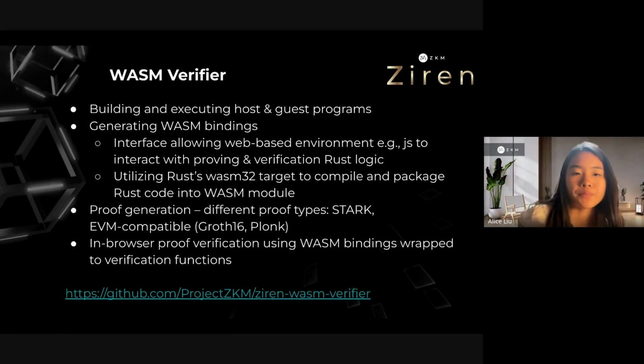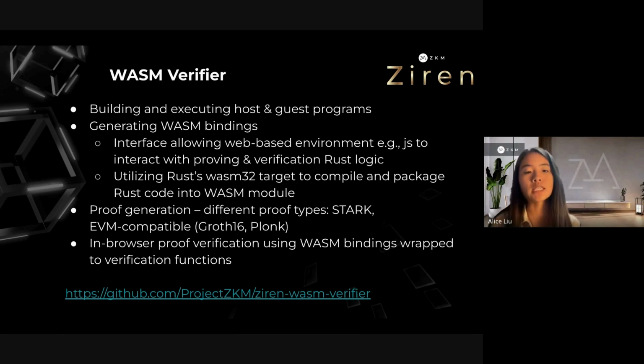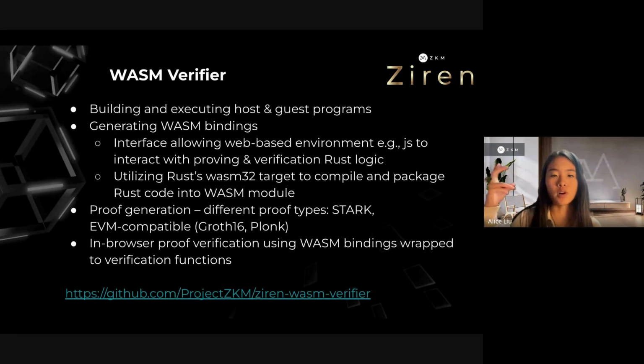So you can generate WASM bindings, basically being able to allow for a web-based environment to interact with your proving and verification logic that's written in Rust. You can compile and package your Rust code into a WASM module, and this makes it possible for browser-based verification.